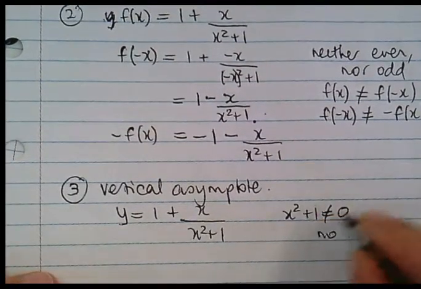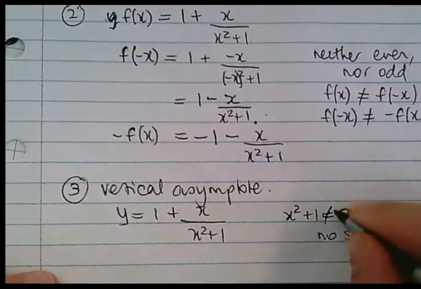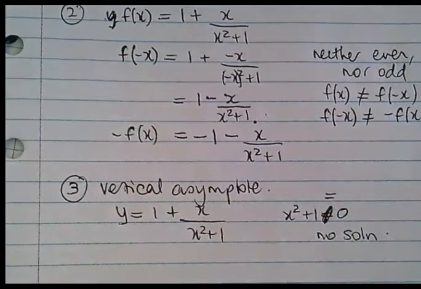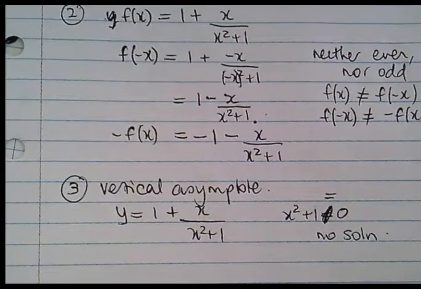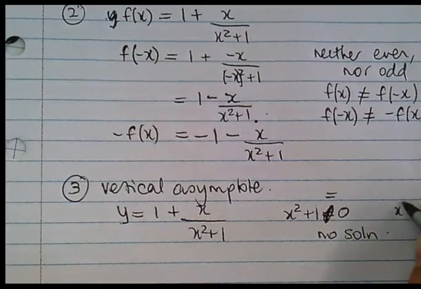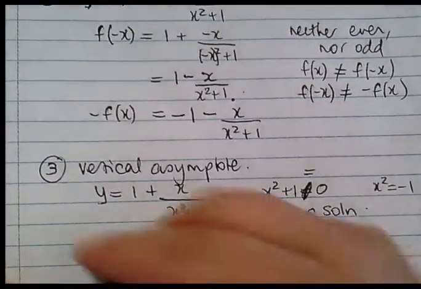So there's no solution to if I put it equal to 0. Do you get it? Wherever that is equal to 0 is not allowed. That's never going to equal 0, because when I rearrange, I get x squared is negative 1. That's got no solution. No vertical asymptotes. Aren't we lucky?